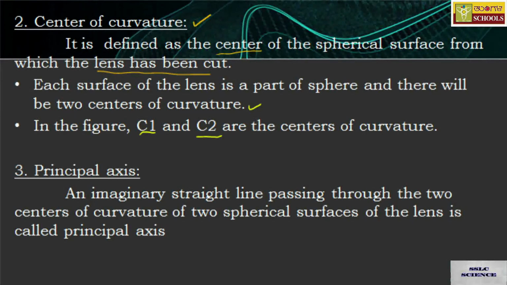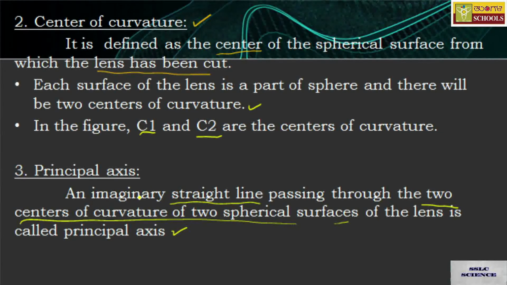Next one, that is principal axis. An imaginary straight line passing through the two centers of curvature of the spherical surfaces of the lens is known as principal axis. These things are quite similar to the terms which we have discussed in the mirrors case, but since this is the lens, some technical parts are going to differ and the rest are almost the same. This is the trick. By that you can analyze the terms right.